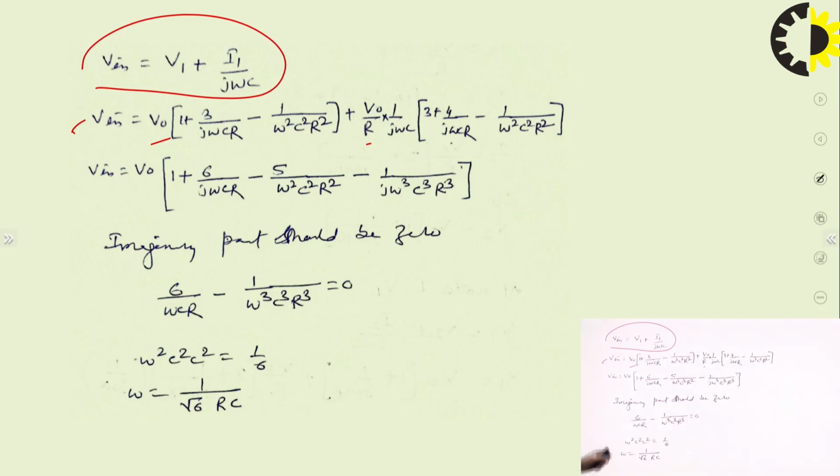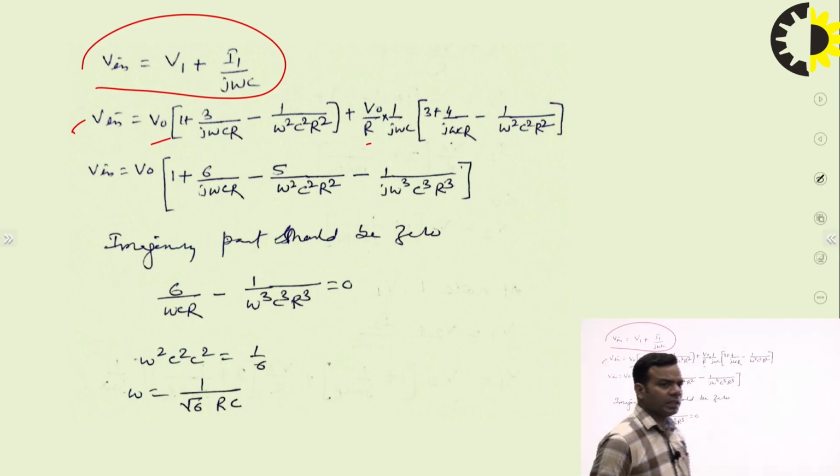So Vn is equal to this into this whole factor 1 plus 6 upon j omega CR, minus 5 upon omega square C square R square, minus 1 upon j omega cube C cube R cube.